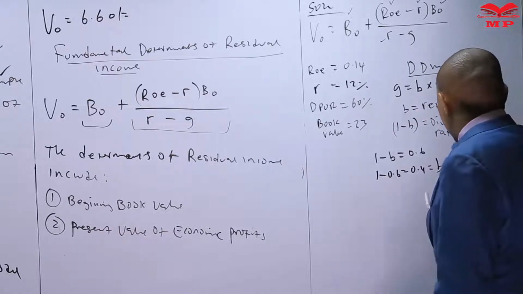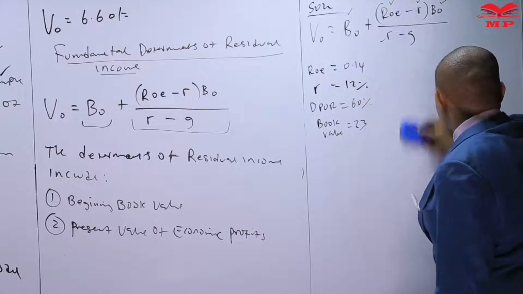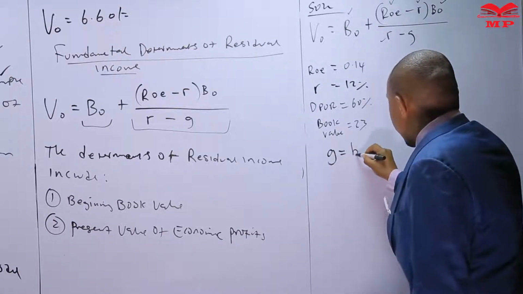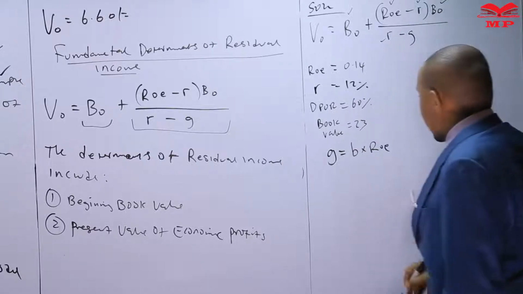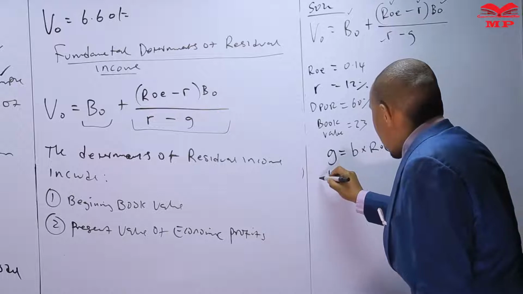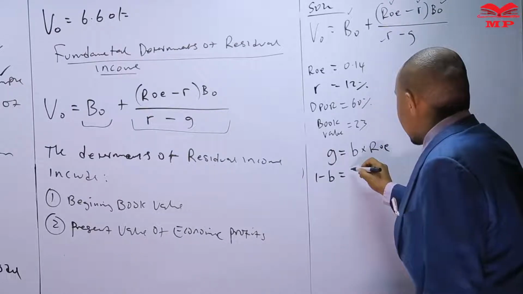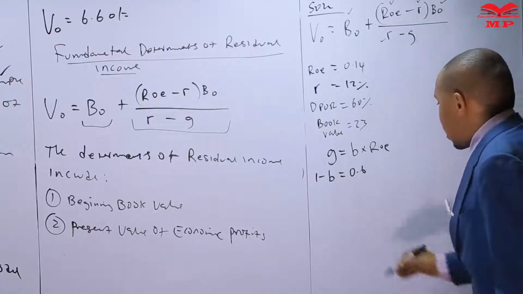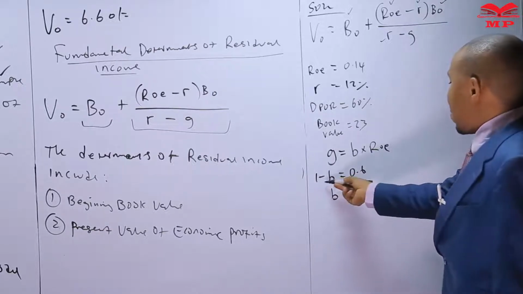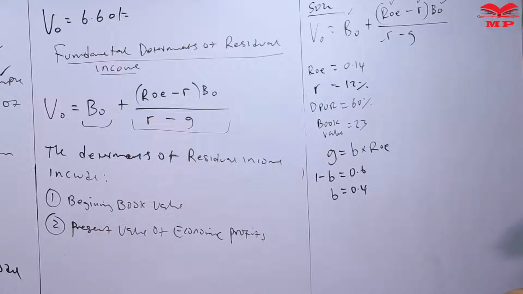So putting it all together now, G is given as b times ROE. 1 minus b is 0.6, which means b is equal to 0.4, or 1 minus 0.6, which is 0.4.